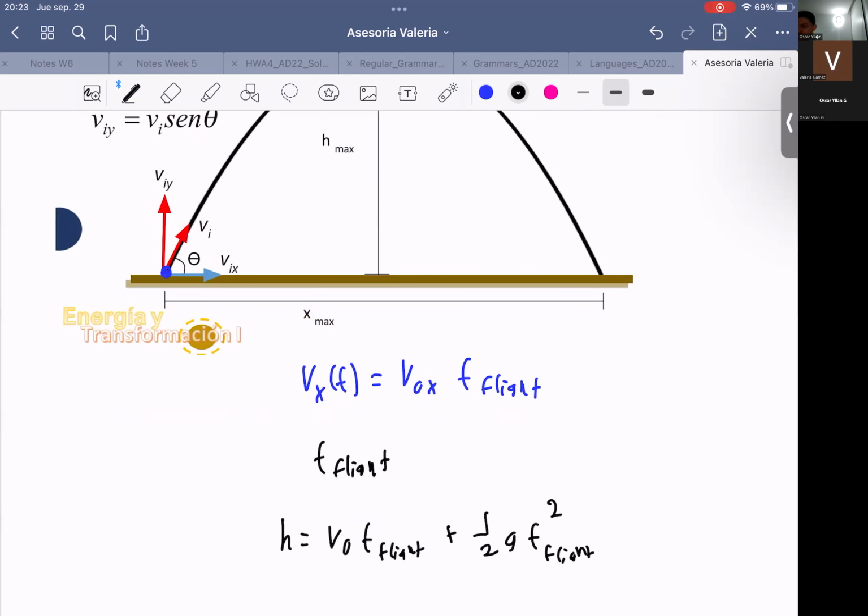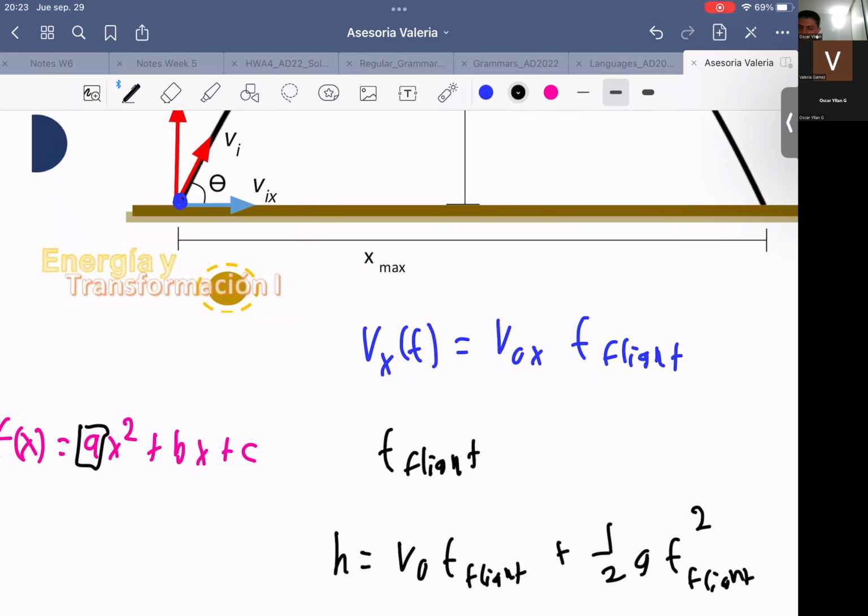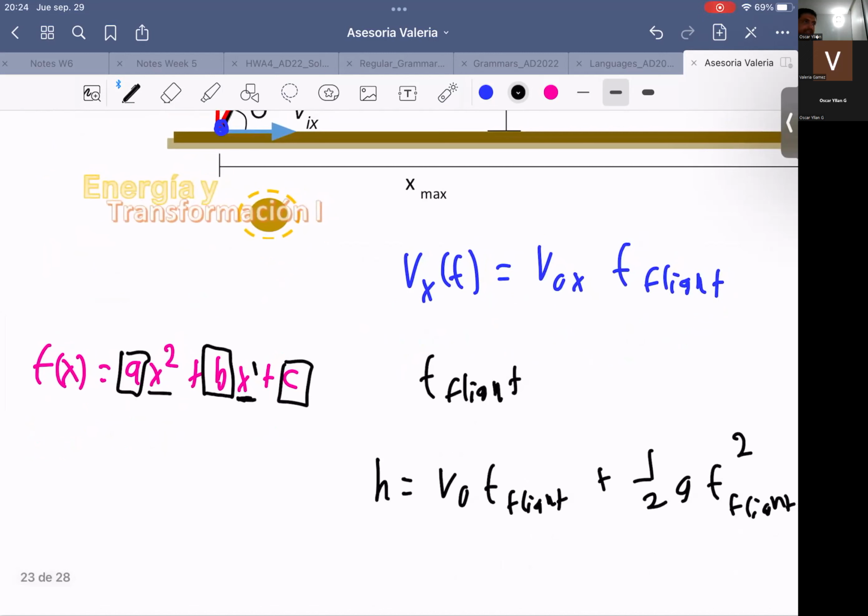Basically, this is a square. If you remember from mathematics, the quadratic equation has this formula: Ax squared plus Bx plus C. A is the one that is multiplying our unknown squared, B is the constant that is multiplying our unknown to the 1 power, and C is just the constant that is not multiplying any x.